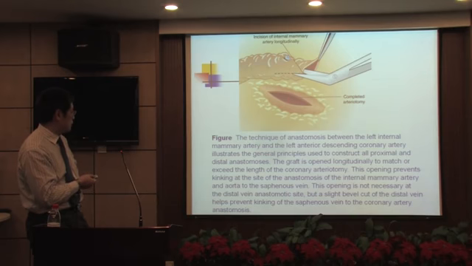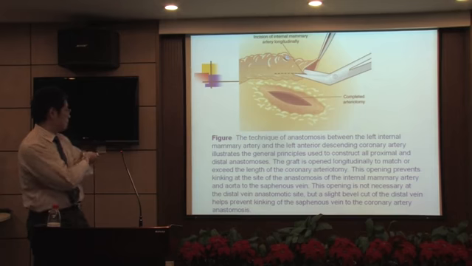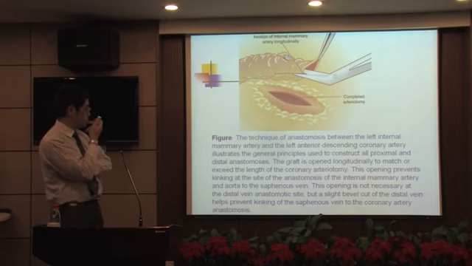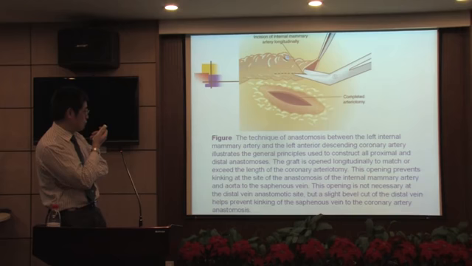This opening prevents kinking at the site of the anastomosis of the internal mammary artery and aorta to the saphenous vein. This opening is not necessary at the distal vein anastomosis site, but a slight bevel cut of the distal vein helps prevent kinking of the saphenous vein to the coronary artery anastomosis.